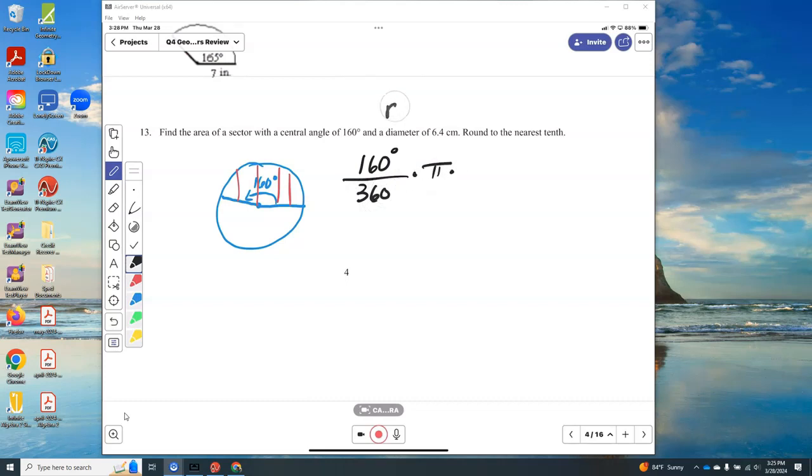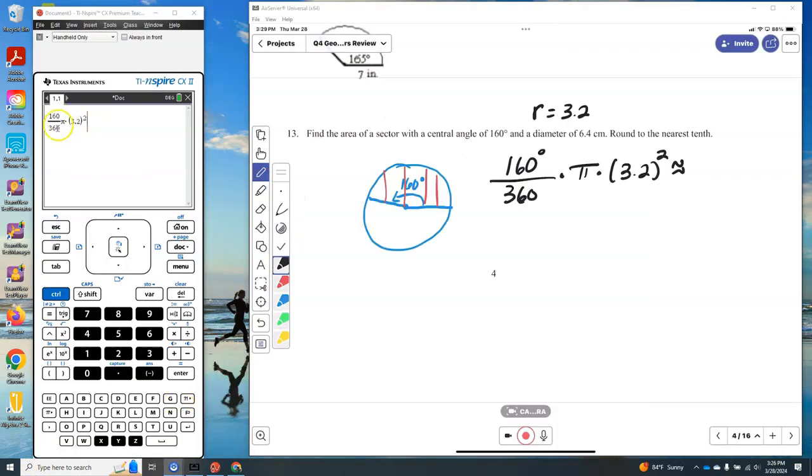In this case, the radius will be half, which is 3.2. So it's 3.2 squared. We're going to use our calculator. So I have 160 over 360 times pi times 3.2 squared, which gives you approximately, it says round to the nearest tenth, so it's 14.3 units squared.